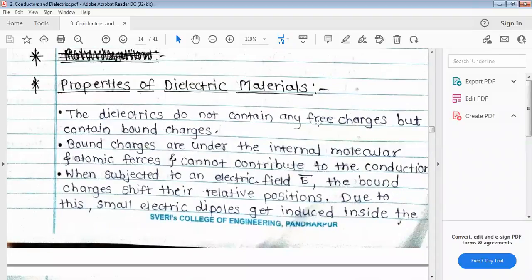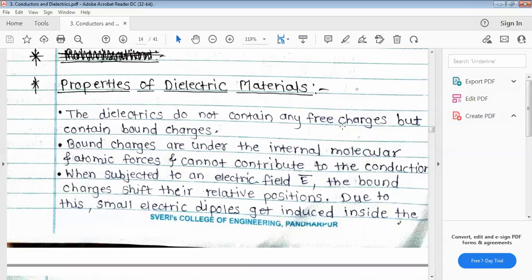Dielectrics do not contain any free charges, but contain only bound charges.